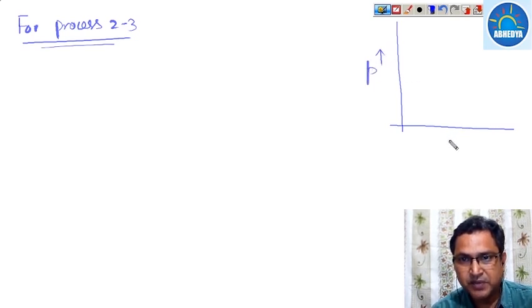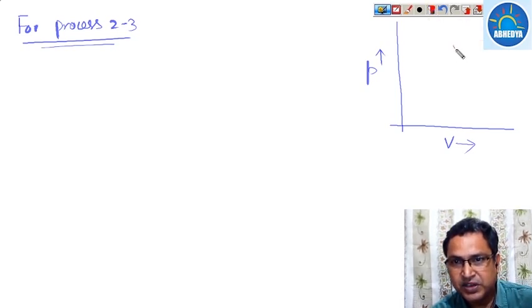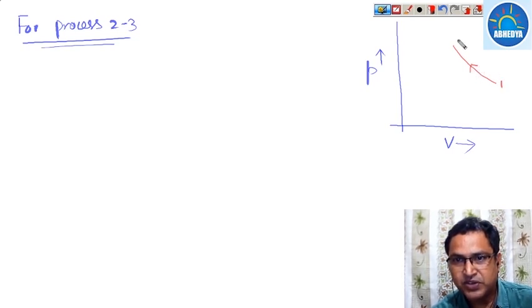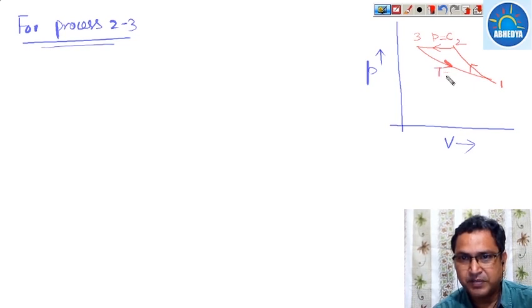This is P, this is V. If we draw the PV diagram, initially it has been compressed from state 1 to state 2, then at a constant pressure it has been cooled down, and then isothermally. This is at a constant pressure, this is at a constant temperature, and this is PV raised to the power n is equal to constant.